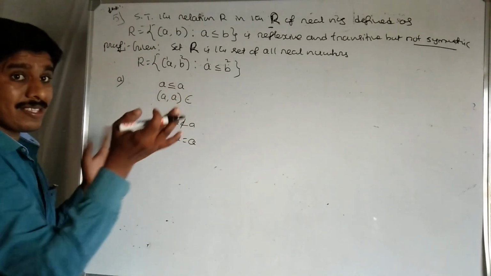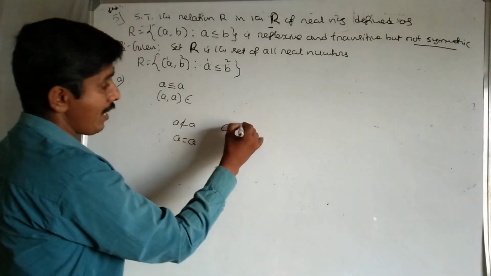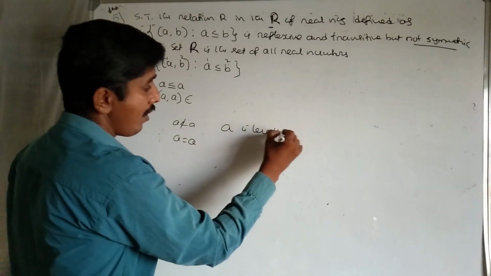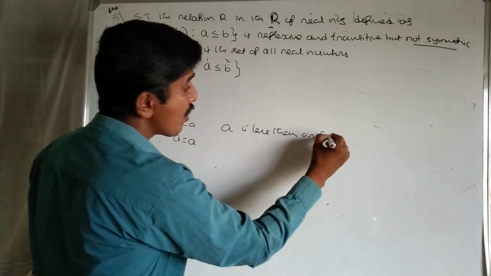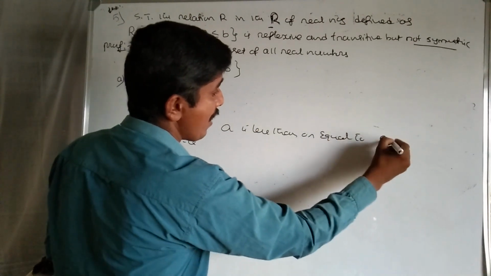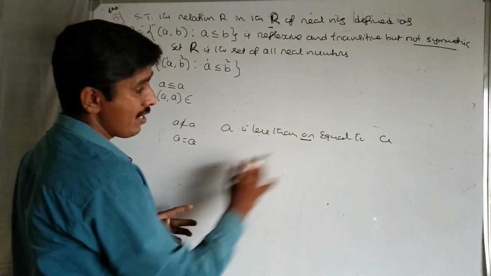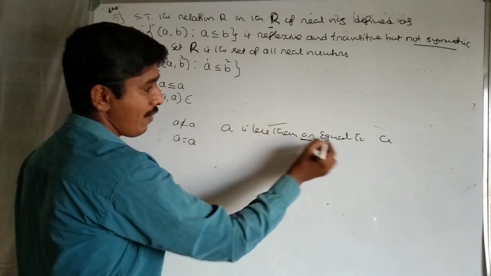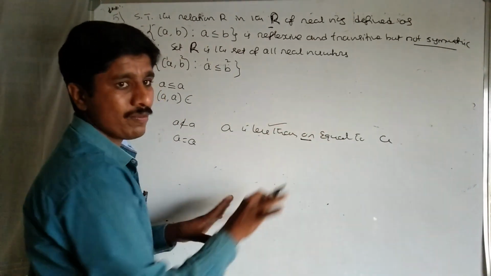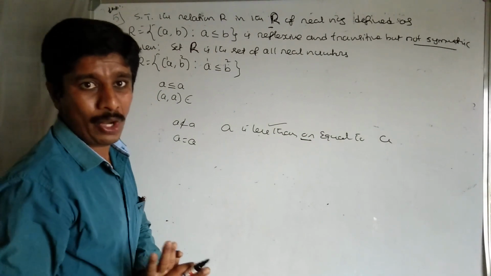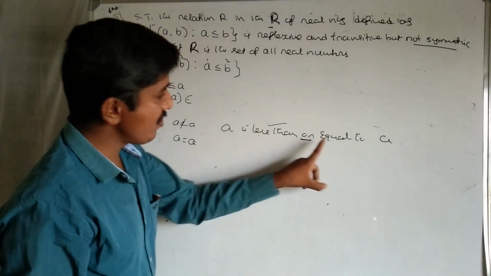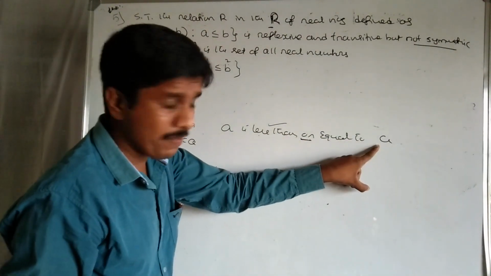Because here it is A less than or equal to. Your question is whether A is less than or equal to A. Here "or" means it is enough if any one of these is satisfied, or both, and then it is true. We know that A is equal to A itself.